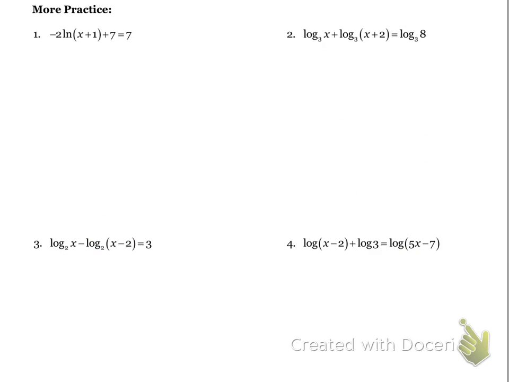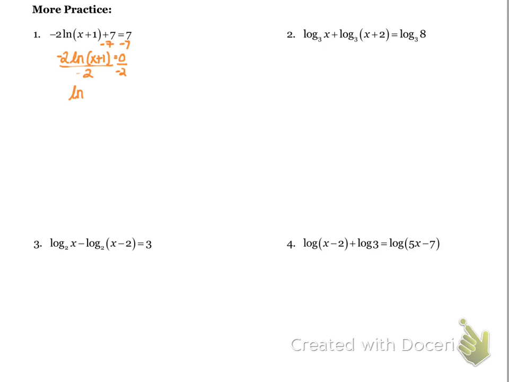Okay, more practice. So I have a log and I only have 1 on the left, so I'm eventually going to rewrite it, but I can't do that until I get just a log on the left side. So the first thing I need to do is subtract 7, and I get negative 2 ln of x plus 1 equal to 0. Well, I would then divide both sides by negative 2, and that's simple because 0 divided by negative 2 is 0.